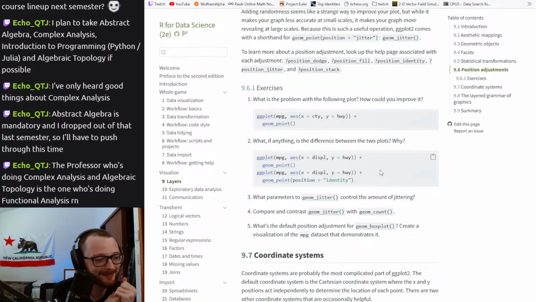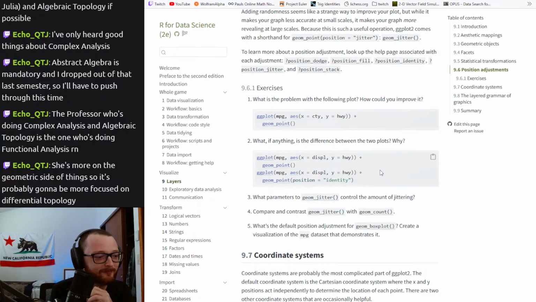Good luck. I don't know what else to tell you there. She's more on the geometric side of things, probably getting more focused on differential topology. Hmm. Yeah, I never did any sort of topology, so I'm not sure what the different flavors even look like.